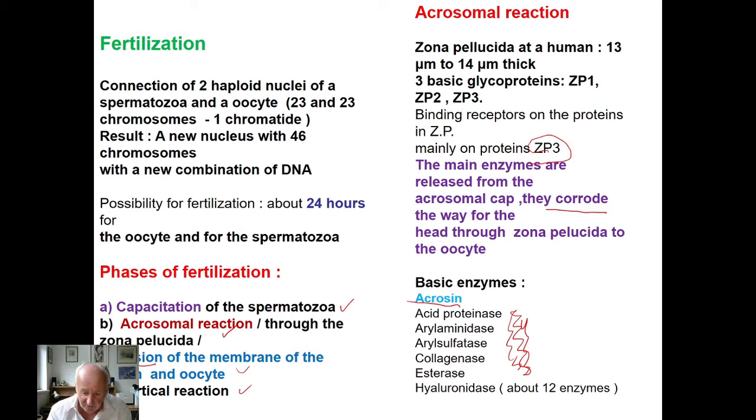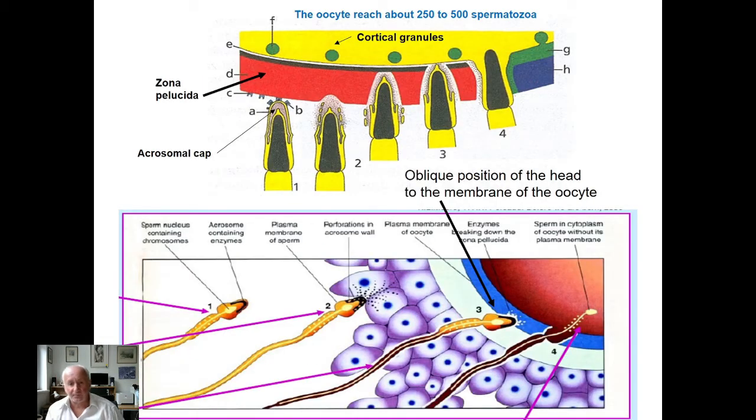That's the function of those enzymes in the acrosomal cap. The most basic protein is ZP3, and now those enzymes are really working on ZP3, forming a nice way for the head to get to the membrane of the oocyte.